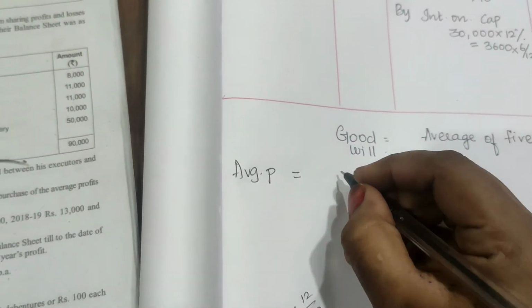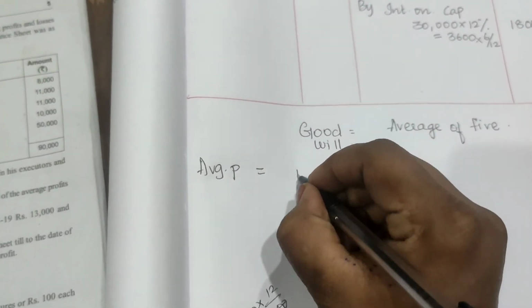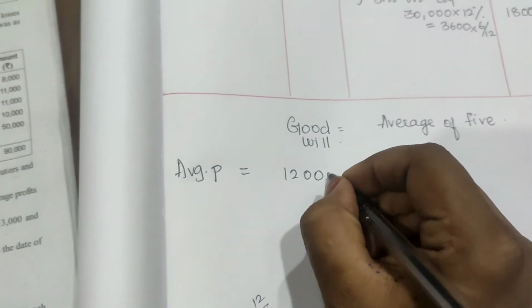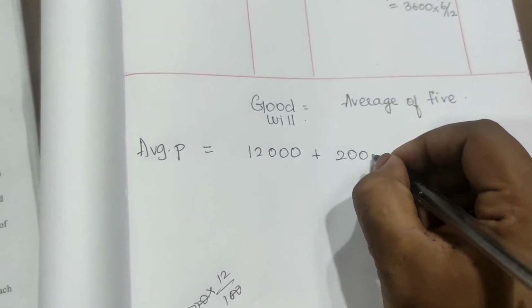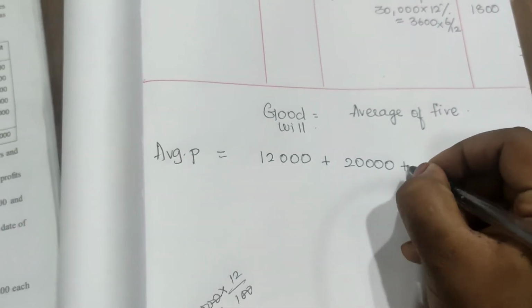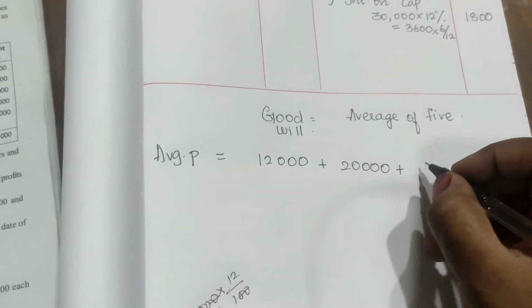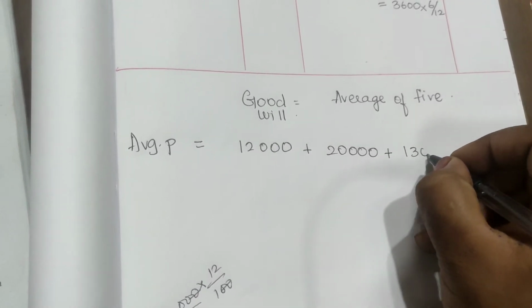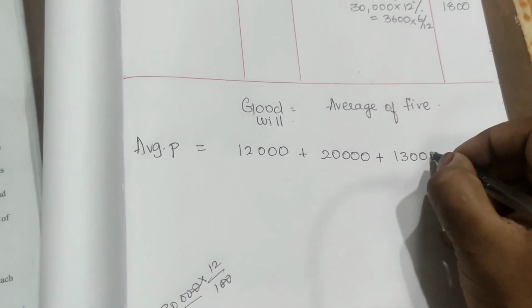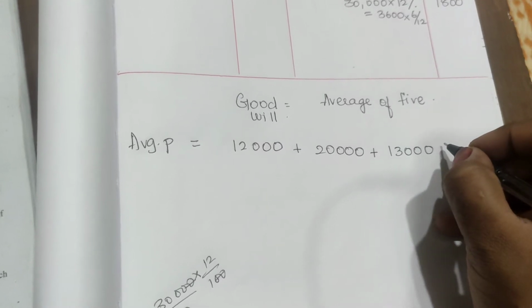First year profit is 12,000, second year profit is 20,000, plus 13,000 and 15,000.